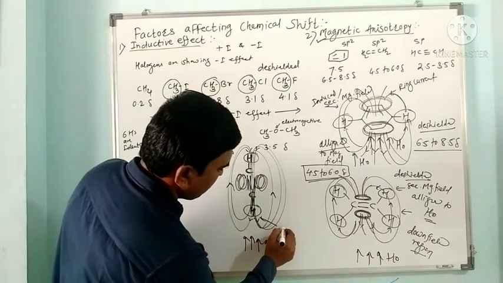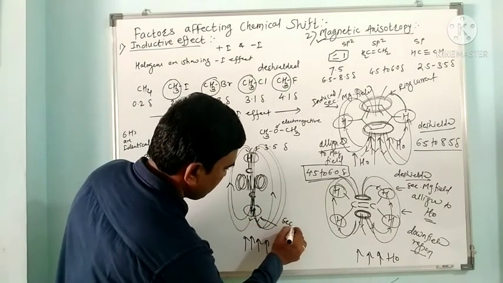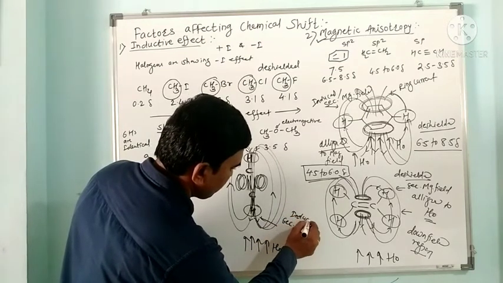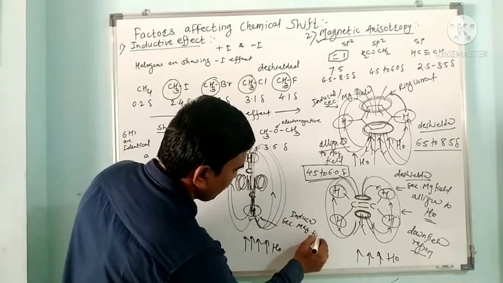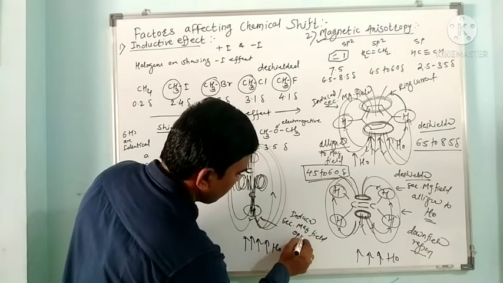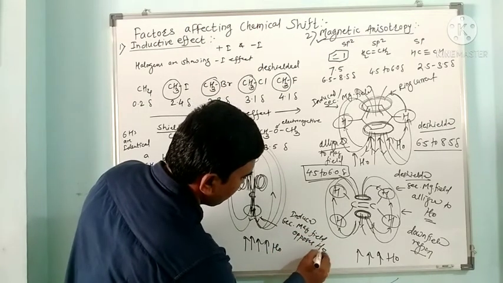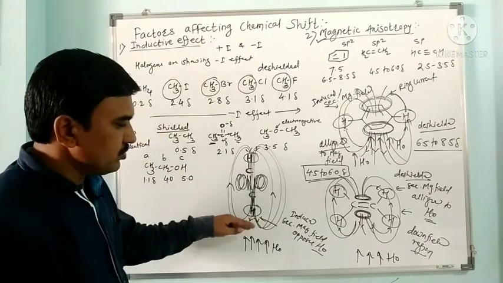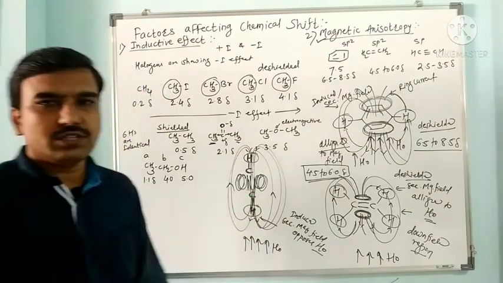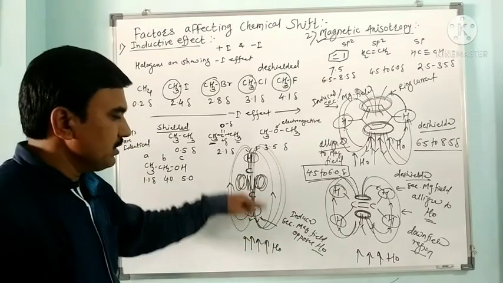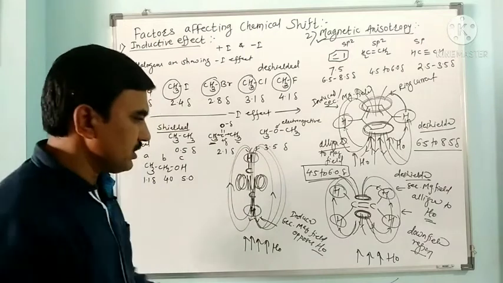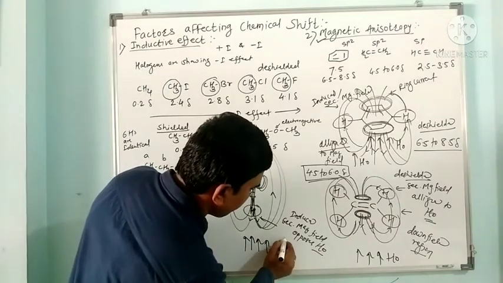So here this secondary, or induced, magnetic field opposes H0. So it causes shielding. So it gets shielded. It requires more energy for resonance, because to overcome this opposing force, it requires more energy for the resonance.